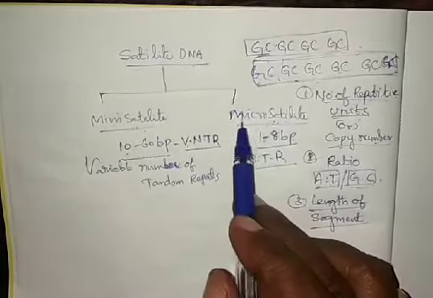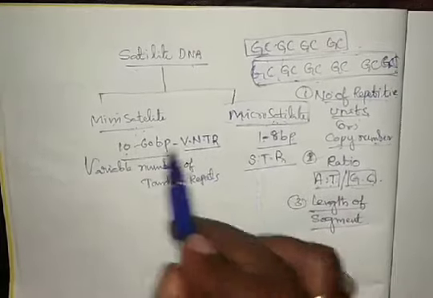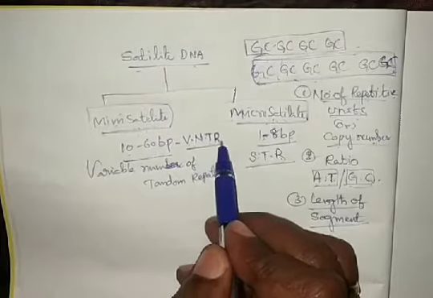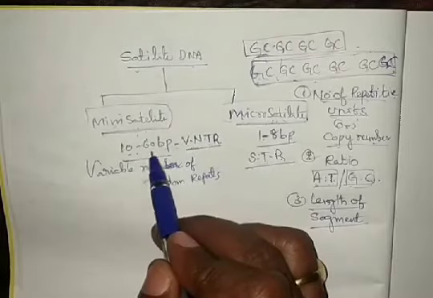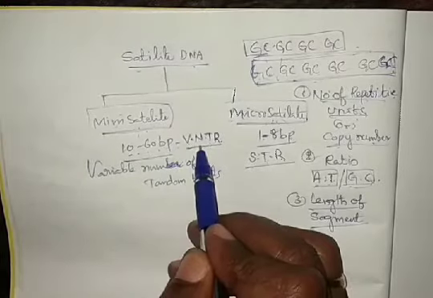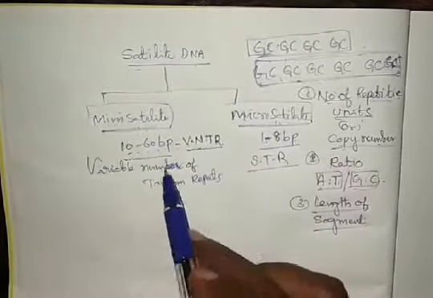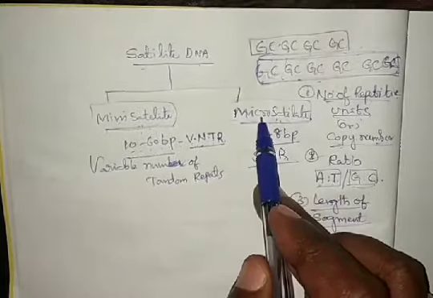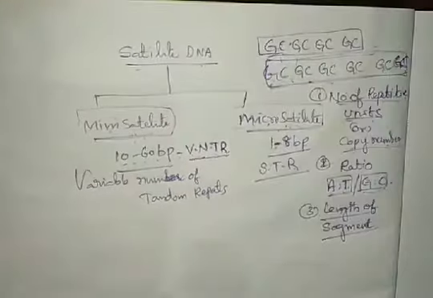So microsatellites are called short tandem repeats, and mini satellites are called variable number of tandem repeats, with 10 to 60 base pairs. Likewise, satellite DNA is divided into mini satellites and microsatellites.